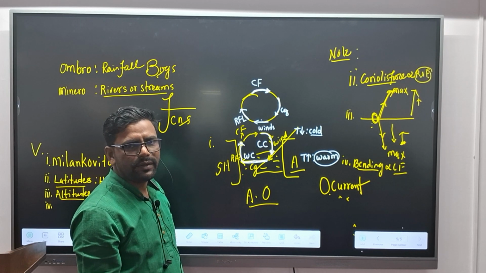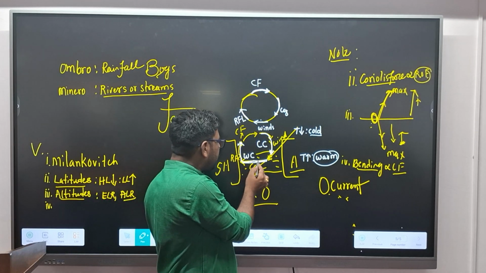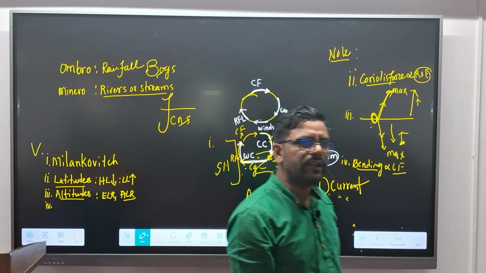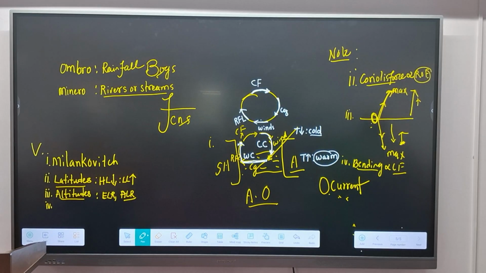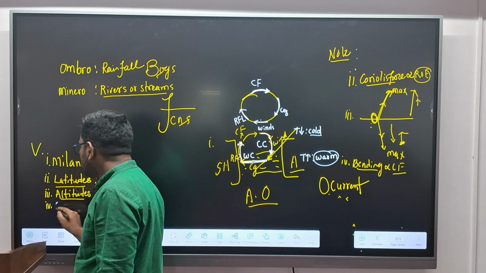Getting my point? From this we can conclude that the currents are agents in distributing temperature. Warm currents increase the temperature of higher latitudes, cold currents decrease the temperature of lower latitudes. That's it. And you can write here, the fourth one is oceanic currents.